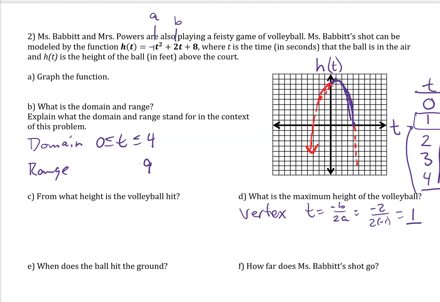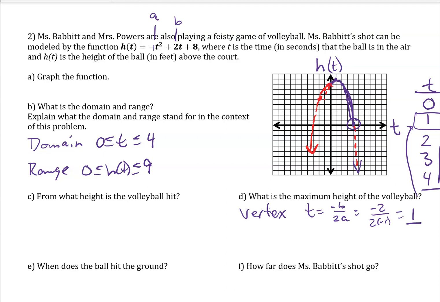So 9 is the greatest value for h of t. And although in the theoretical side, we can see that it would keep on going down through the liquid hot magma to the core of the Earth, the ball's not really that heavy and it's full of air. So at this point it would bounce. So our minimum height is 0.